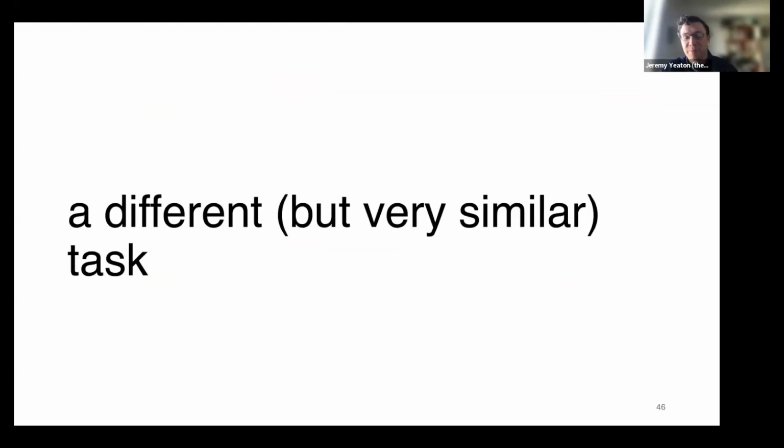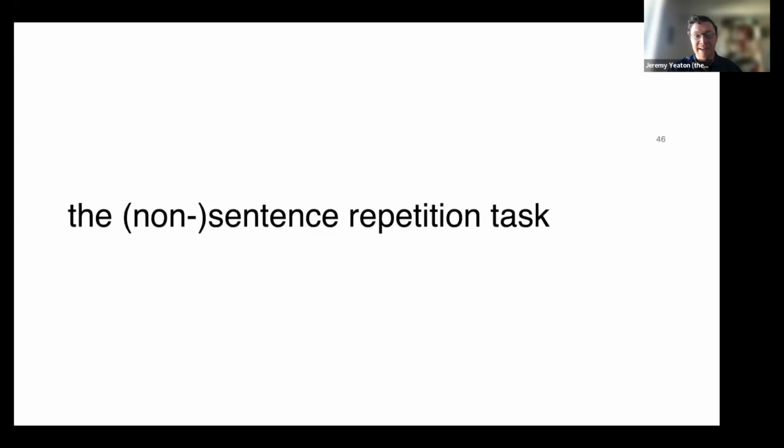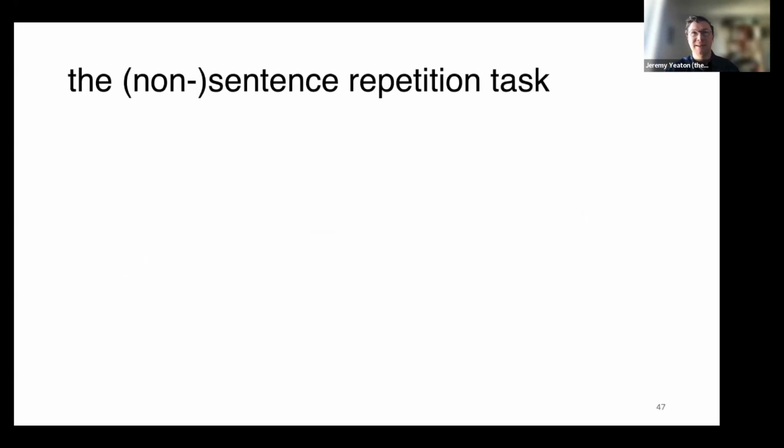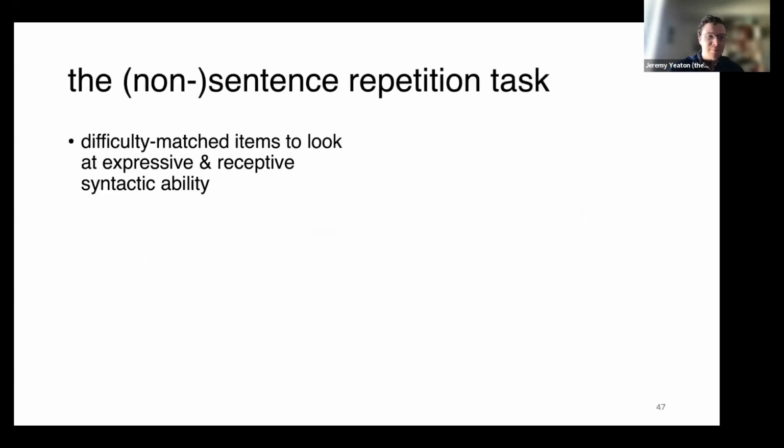Now, we have a different but very similar task here, which is that my advisor and I had the same question and then separately devised very similar tasks to ask it. So this one is mine. I have dubbed it the non-sentence repetition task. And the principle is that it's a difficulty matched items to look at expressive and receptive syntactic ability.